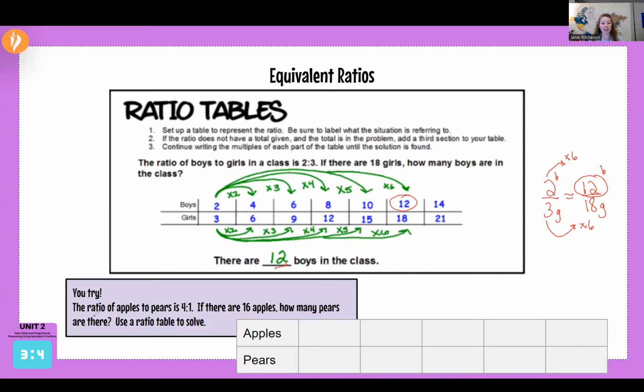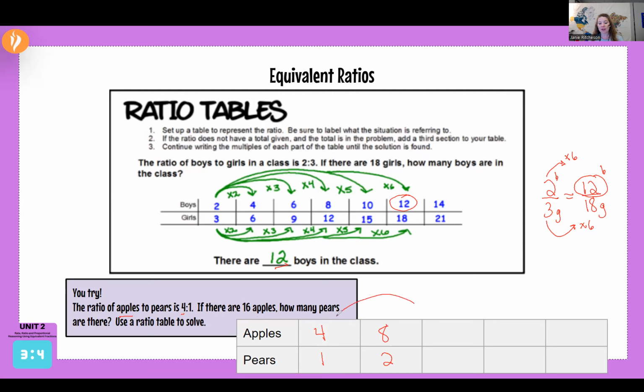All right, let's try it right here. The ratio of apples to pears is 4 to 1. Pears is second, so it's 1. They asked, what if there are 16 apples? So we want the top number to be 16. If we multiply both of these numbers by 2, we get 8 to 2. What about 3?